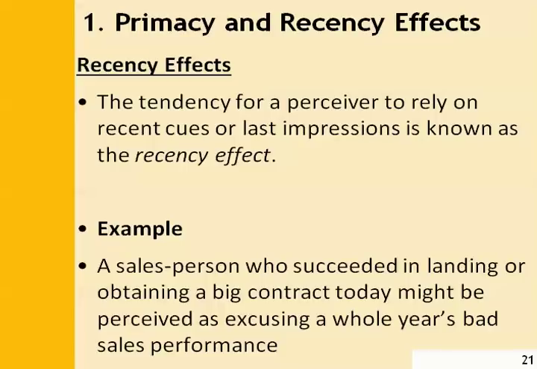We should not judge people based only on the recent cue or the last impression. On the contrary, we should judge objectively the whole year's performance, not focus only on the first impression or the last impression. Okay?